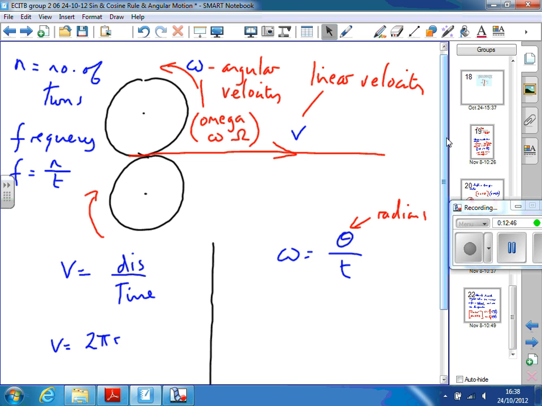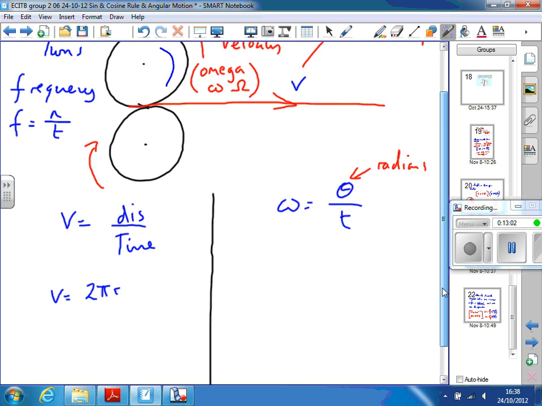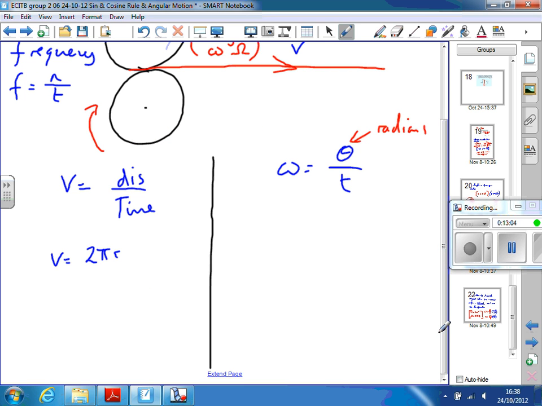imagine this thing rotating. Right, I want to know how many times it's turned, don't I? It'll be 2 pi r, which is 1 turn, the circumference, which is this distance right the way around, multiplied by the number of times it rotates. So 2 pi r times n is the distance this thing's travelled, divided by the time it takes.